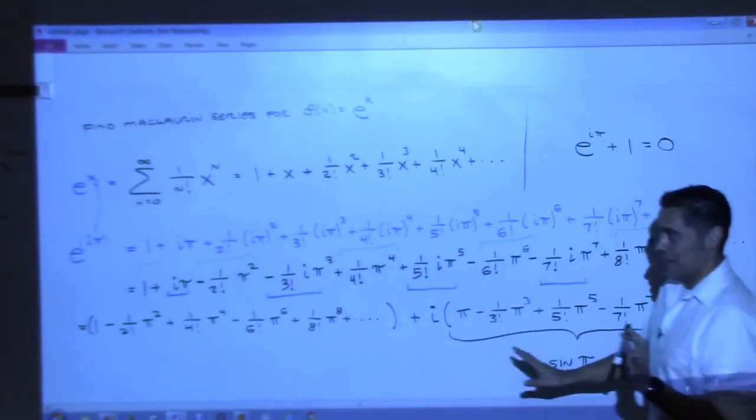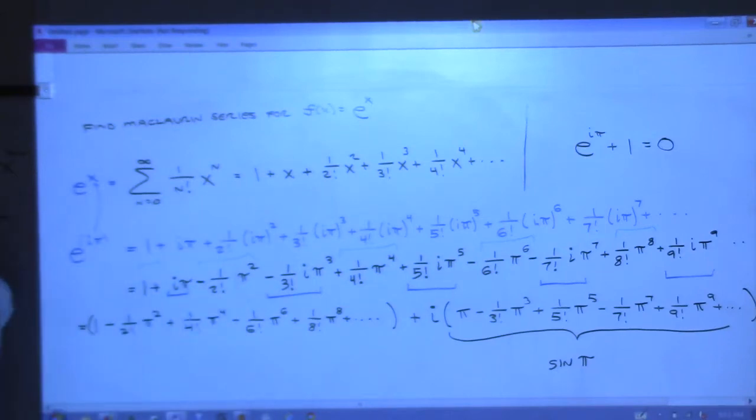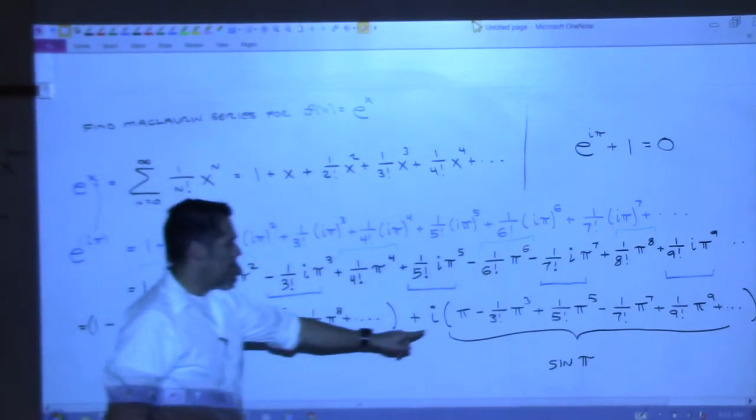So let me go again. Let me try it with a fixed formula. Look, if n is 0, this is positive, right? You get 1 over 1 factorial, so 1 over 1, and then pi to the 1, right? So you get pi.